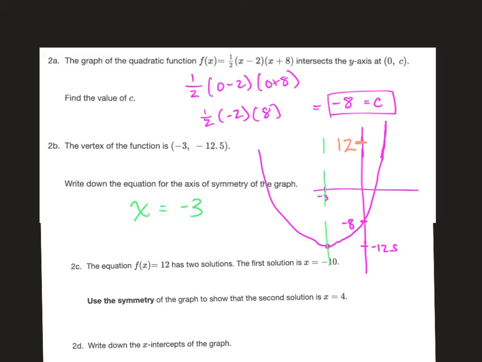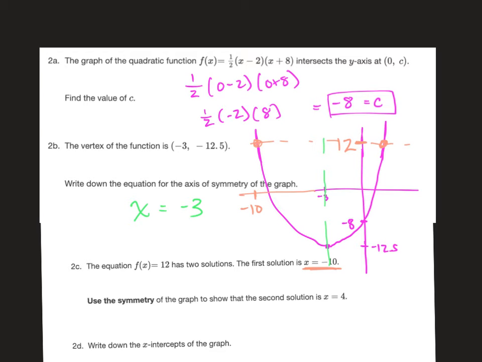Well, obviously there's two solutions because that line, y equals 12, would cross our parabola here and would cross our parabola here. The first one is x equals -10. So it's claiming that this point right here, (-10, 12), is a solution, and it wants us to figure out the other one using symmetry, which is why this picture is super helpful.